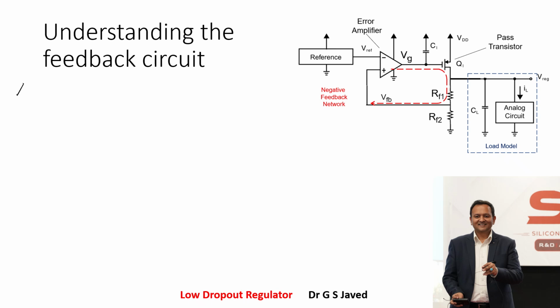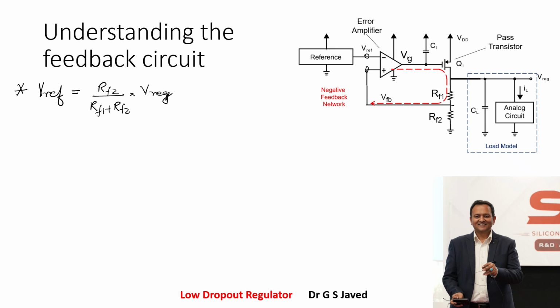First, you follow the condition where the voltage difference between the two inputs of the error amplifier will be 0. So let us understand. That would be Vref is equal to the effective voltage seen here, which is Rf2 by Rf1 plus Rf2 times the regulated output voltage.